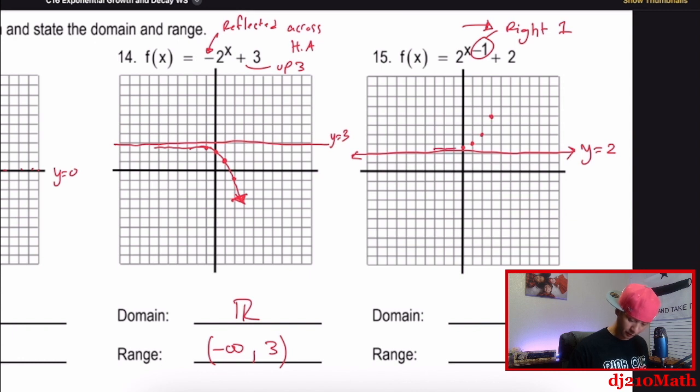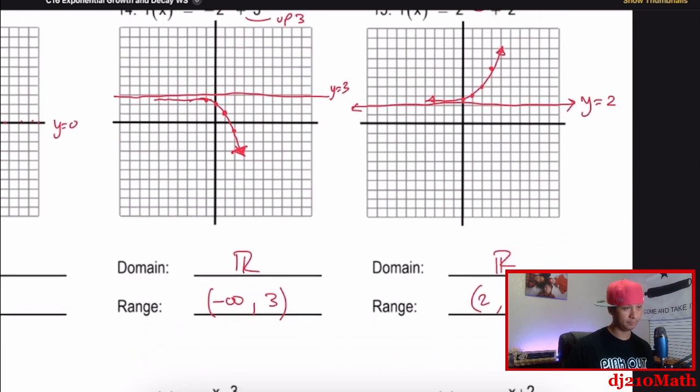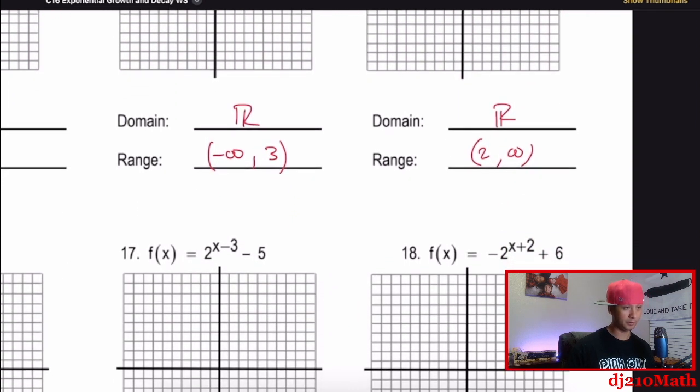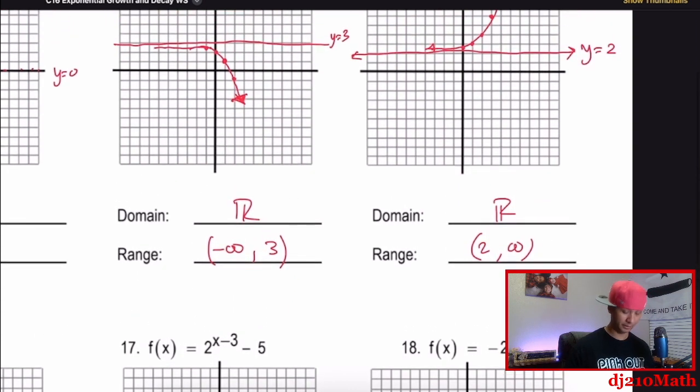So here are our key points. Our key points. All real numbers. And then 2 up to infinity. Can't see it. All real numbers and 2 up to infinity.